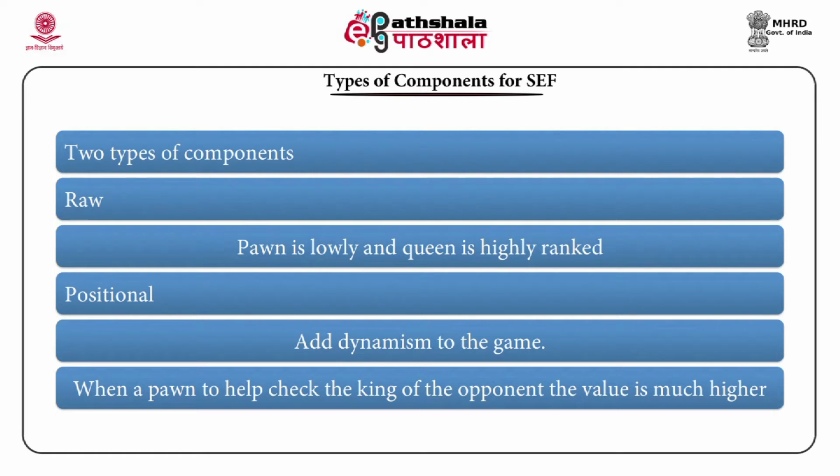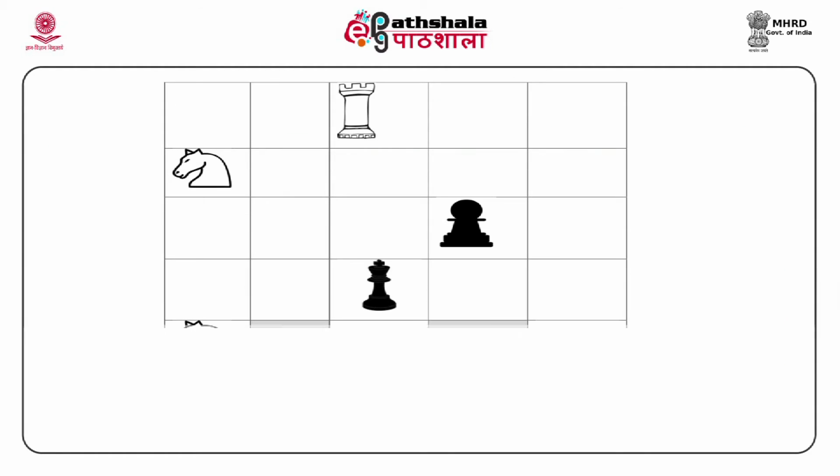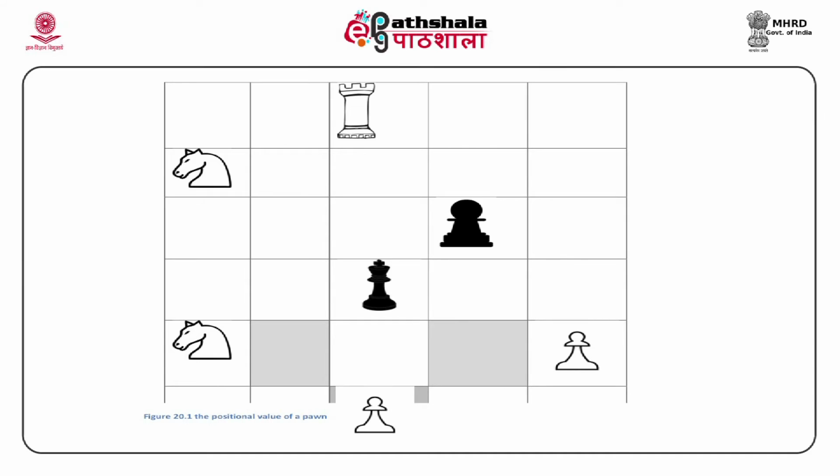So that is important. Look at the next slide. That slide talks about the power of that white pawn. You have two white pawns here, but the lowermost pawn, you can see the importance of it: the opponent king is under attack, and it has few places to go, but almost all places are occupied.